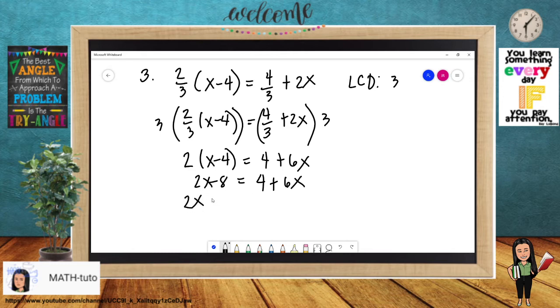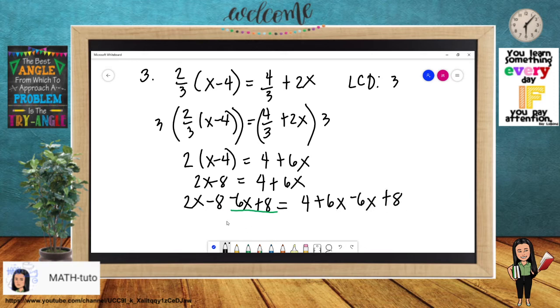So we have 2x minus 8 minus 6x. And then we add 8 to both sides to eliminate the constant on the left, plus 8. Ito yung dinagdag natin, ito yung nasa dulo. 4 plus 6x minus 6x plus 8.